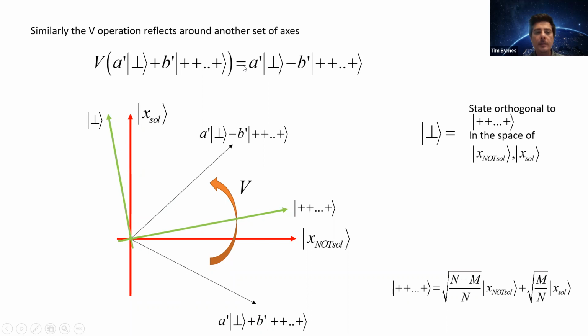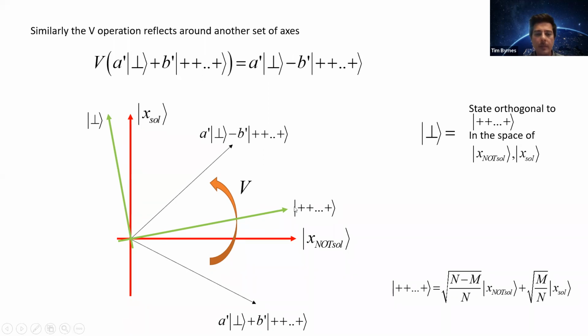But because V is the operator that applies a minus sign to the plus state, we can also visualize V as a reflection around the plus state.